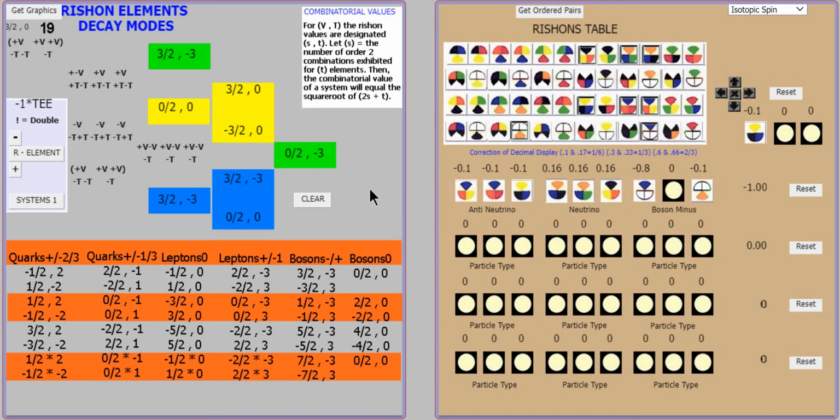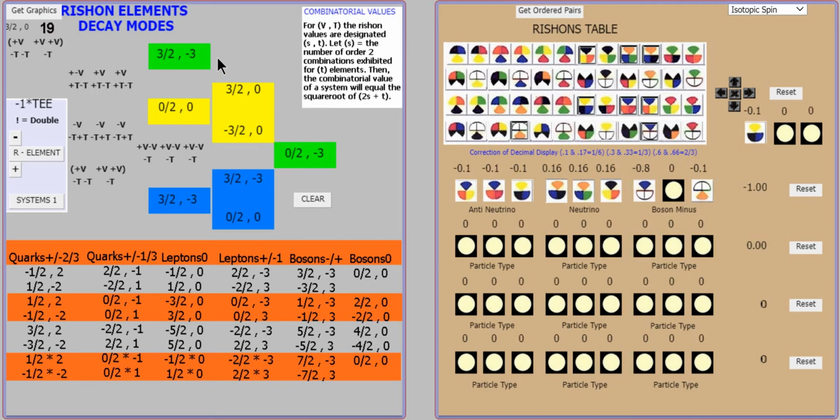Let's investigate the decay of the boson minus, or W boson. Represented as an ordered pair is 3/2, comma, -3.